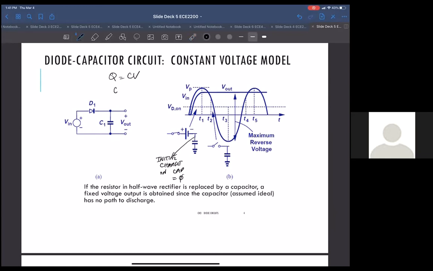So the voltage on a capacitor is Q, the charge on the capacitor, over the capacitance. The capacitance doesn't change. Okay, the capacitance is whatever the capacitance is. The charge has nowhere to escape to in this direction. And so the voltage then stays constant.